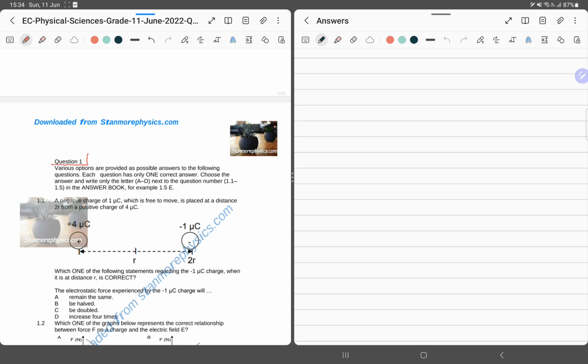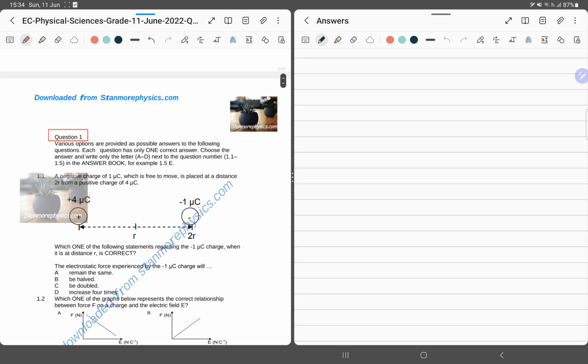So we've got our question 1 here. Well, they chose to just write it so small. Various options are provided as possible answers to the following questions. Each question has only one correct answer. Of course, you may find a scenario where you've got more than one correct answer. Of the correct answers, you have to choose the most correct, or the best answer.